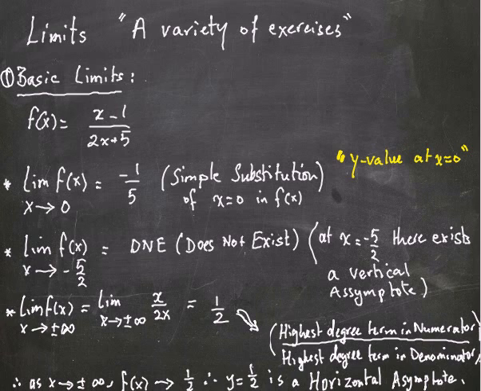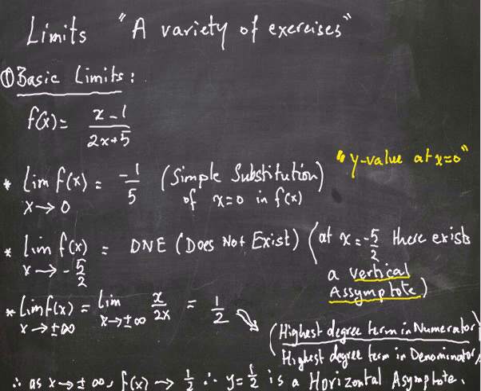We could try first by doing a substitution, and when you substitute negative 5 over 2 for x, you'll quickly see that the denominator becomes 0. So this is a case of a vertical asymptote. The x value where the denominator is equal to 0 represents a vertical asymptote on the function.